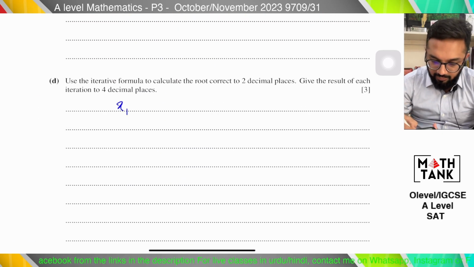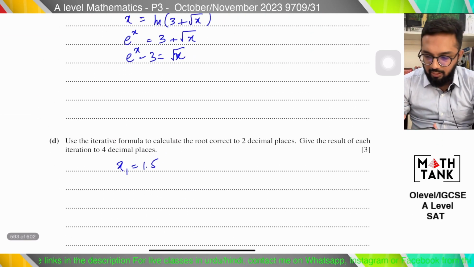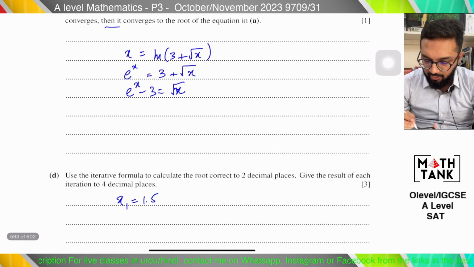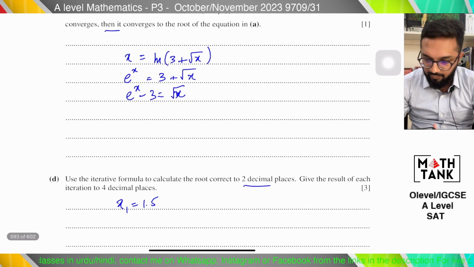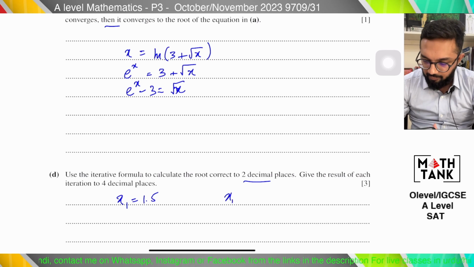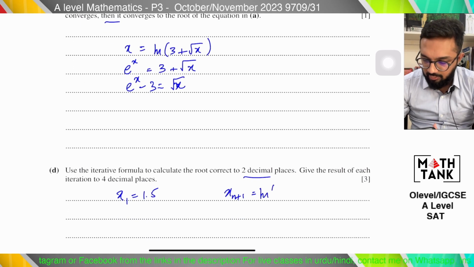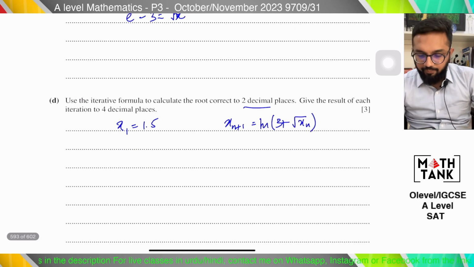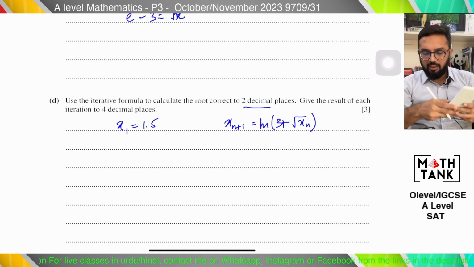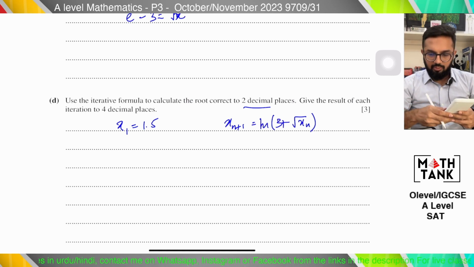Use the iterative formula to find the root. So I'm going to start with x1 equals 1.5 and I want to show you each iteration to 4 decimal places and the alpha value. So x1 is 1.5.